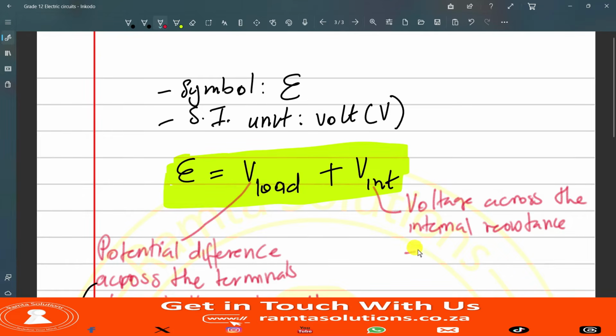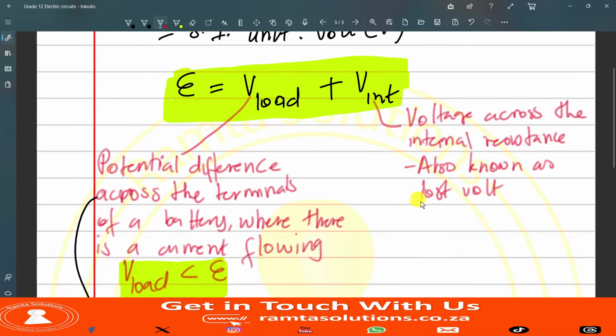So it is also known as lost volt. Why is that? Because it is not used in the circuit. Okay, so it is called lost volt.